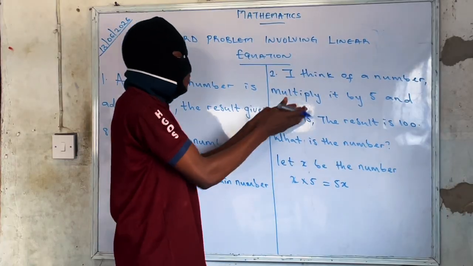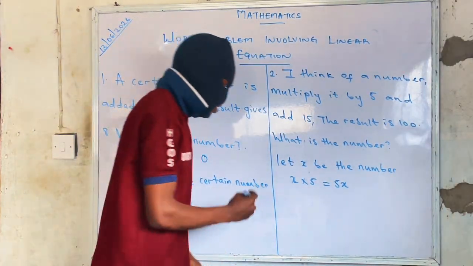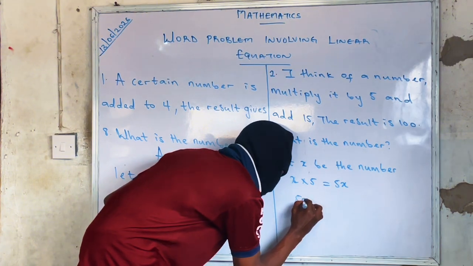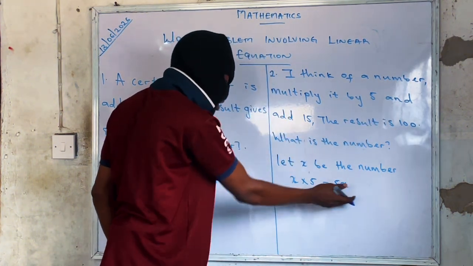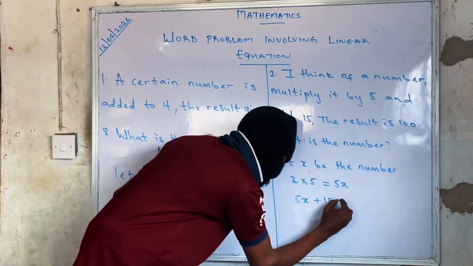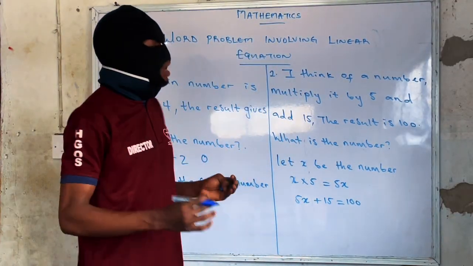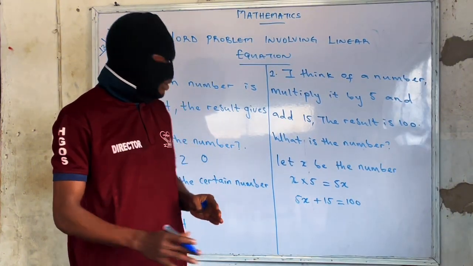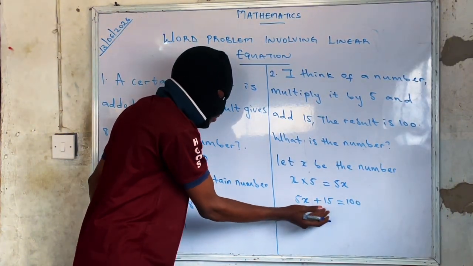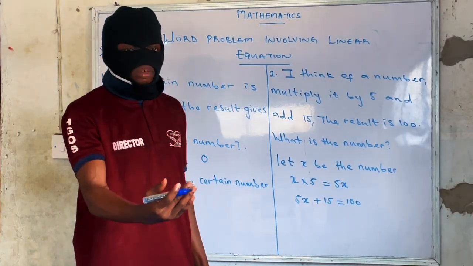Since I multiplied it by 5 and add 15, it has 5x plus 15. The result is 100, which is equals to 100. Now you can see we have already turned this text into a mathematical equation. Since we have 5x plus 15 equals to 100, we can now go ahead by solving.